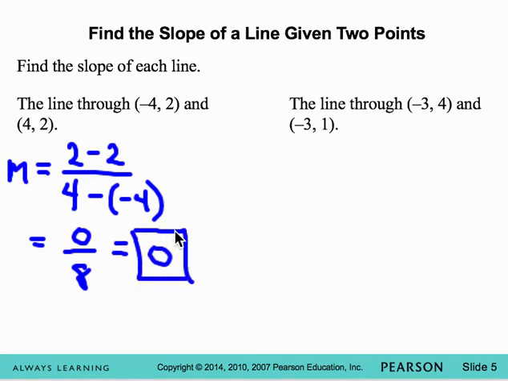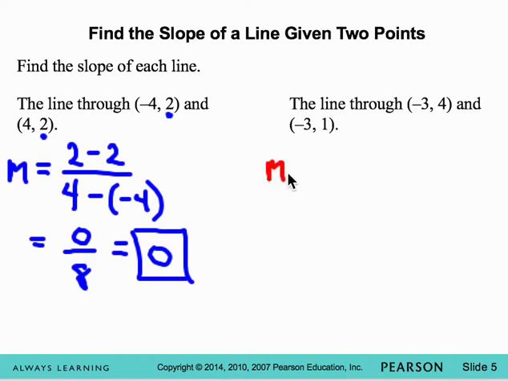I know my graph is a horizontal line, and I know the equation to this is y equals 2. Y is 2 on both of them. That's my equation, y is 2. So if I get any one piece of information about these special ones, I know everything about them.